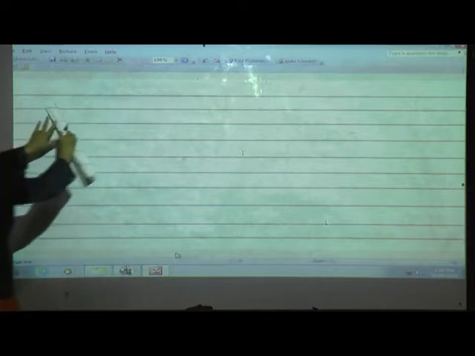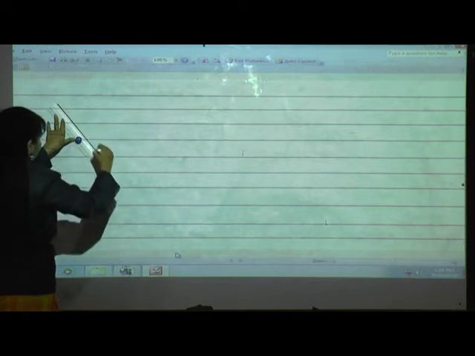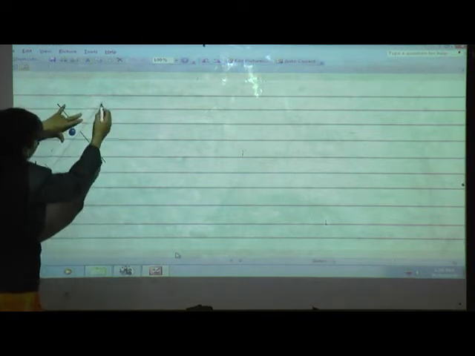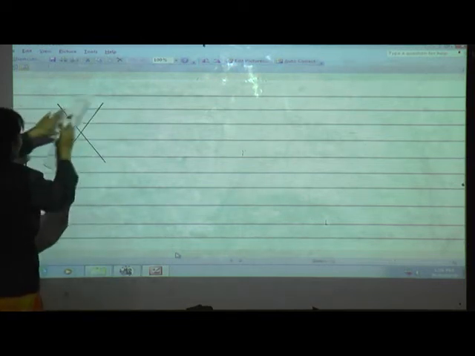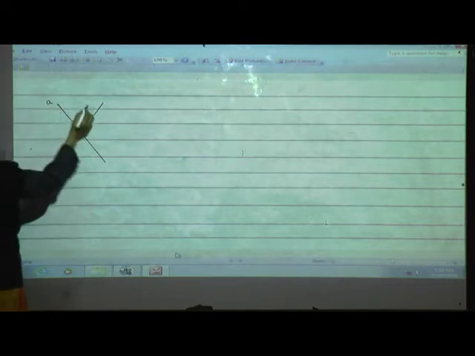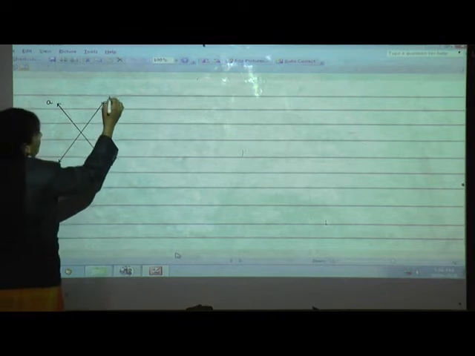So here line A and line B. Again the second pair like this.